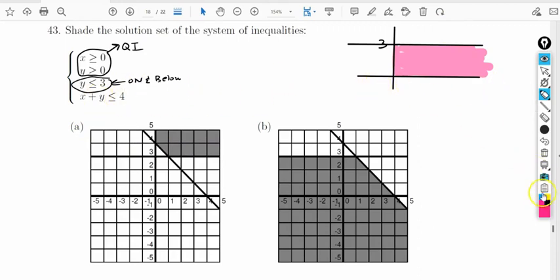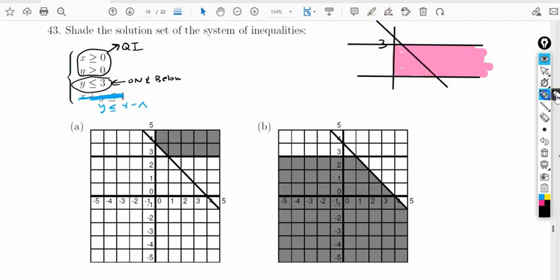Right. And then I'm going to do this one in blue. If I subtract x from both sides, it doesn't change the arrow. And so we want on and below that line. And that line's going to look something like that.